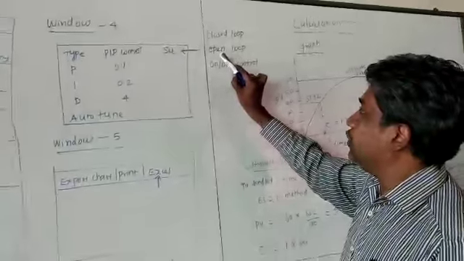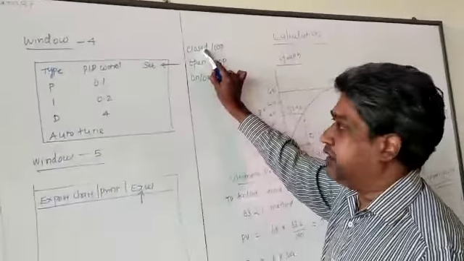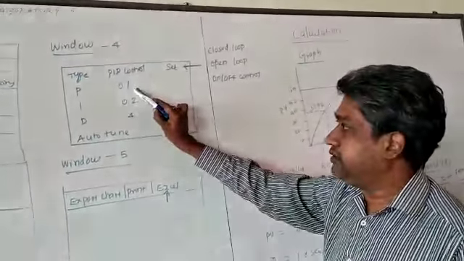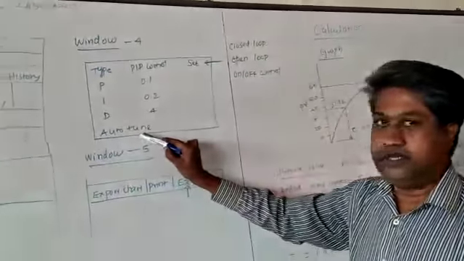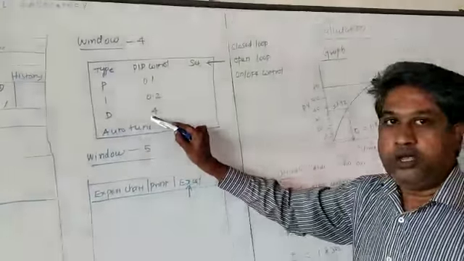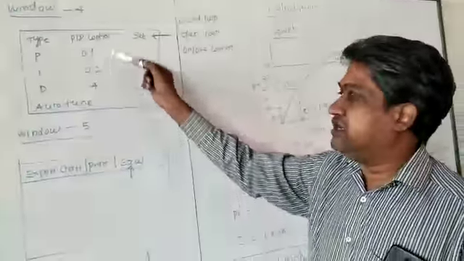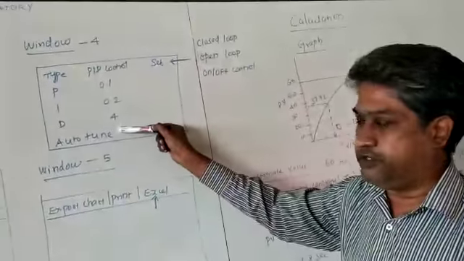Since our process is closed loop, you have to click closed. Then you give the values of proportional, integral, and derivative. Here you have one more menu, auto tune. When you click it, SCADA will automatically tune the proportional integral derivative and set the automatic values.